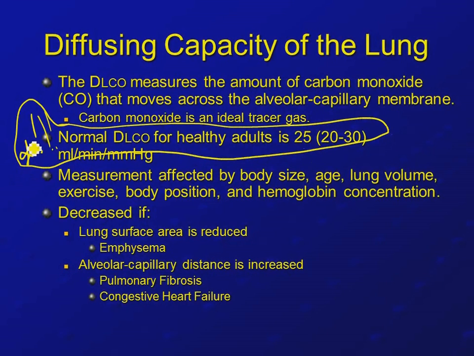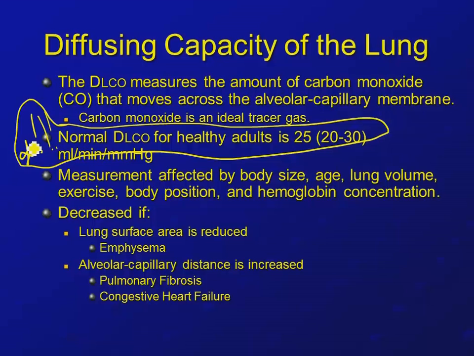Now, this value is going to vary, obviously. If I have somebody who's 4'8" versus somebody who's 6'4", they're going to have different diffusing capacities because they have different sized lungs inside that thoracic cage. As we age, we actually start losing functioning alveoli.